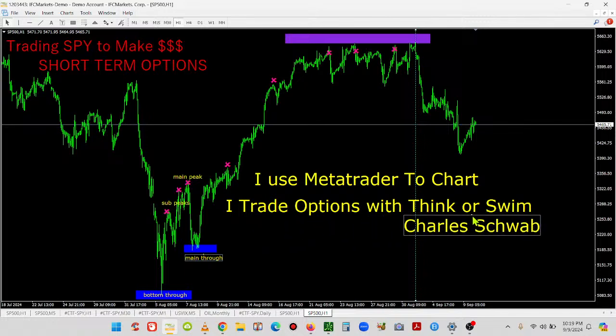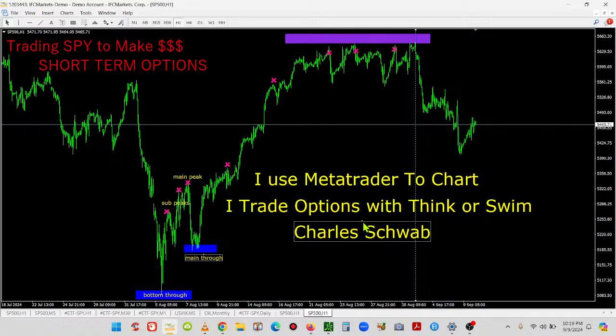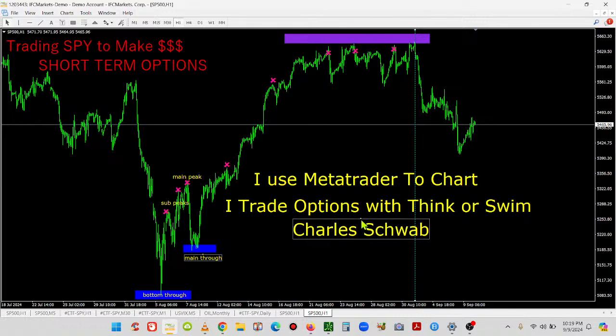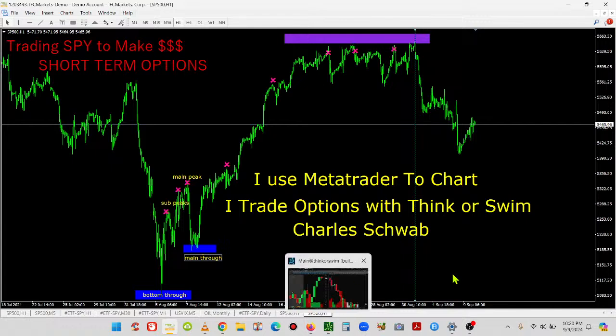Mr. Schwab and Mr. Thinkorswim. So to make money or to practice making money with a demo account, you need to have a Charles Schwab account or another type of account that features Thinkorswim, so you could have an options demo trading account and have the options charting ability of Thinkorswim.